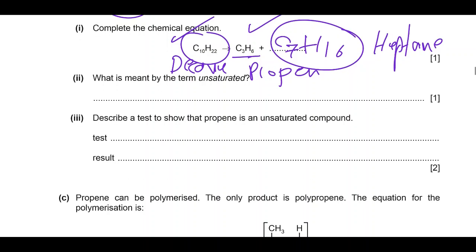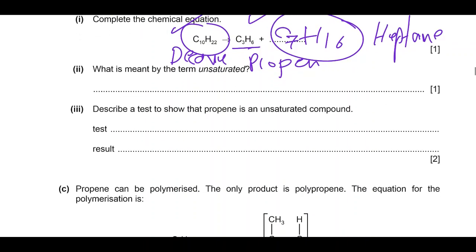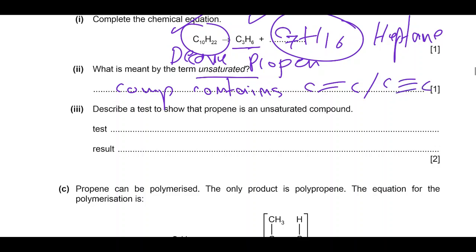Okay, now let's start with the next question. What's meant by the term unsaturated? An unsaturated compound contains a carbon-carbon double bond or carbon-carbon triple bond. These are unsaturated compounds. Describe a test to show that propene, which is an alkene, is an unsaturated compound.